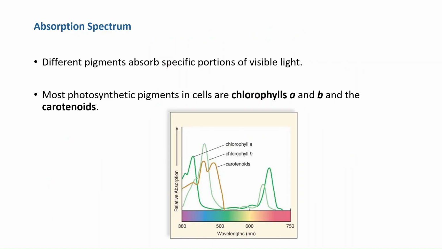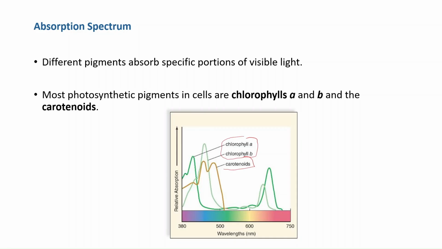Now, different pigments absorb different wavelengths. Okay? So you see there in green chlorophylls, and mostly chlorophyll A and B, these are the more common ones. You see carotenoids. There's actually other pigments, but they're less abundant, because the idea is to have pigments that absorb every single wavelength of the light, so nothing is wasted. Okay?